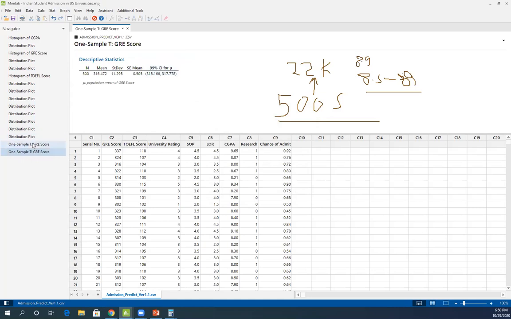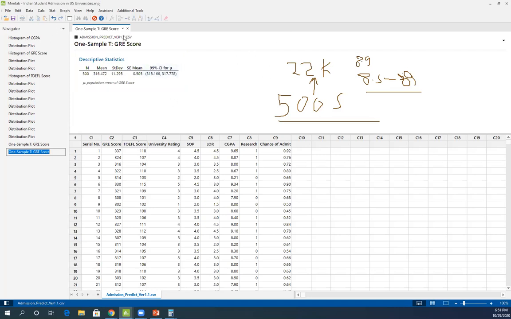What was the range before? 315.48 to 317. Now look at this: 315.166 to 317.778. A few decimal points have been added on both sides. Now I am 99% confident that the true population mean GRE score of all 22,000 students coming from India will be between 315.166 and 317.778.